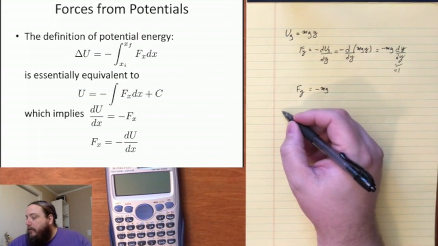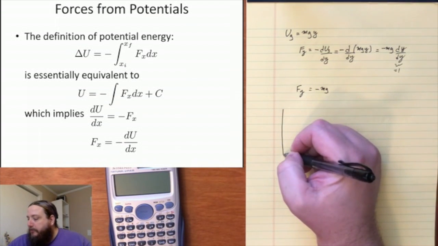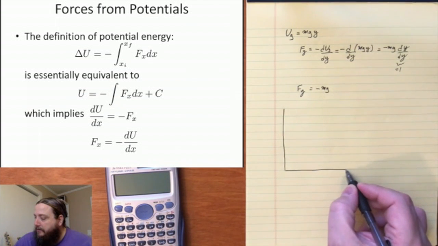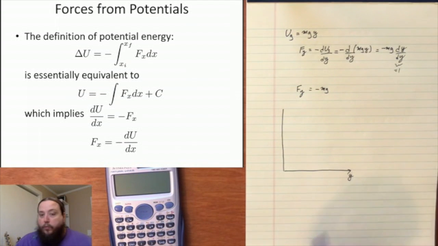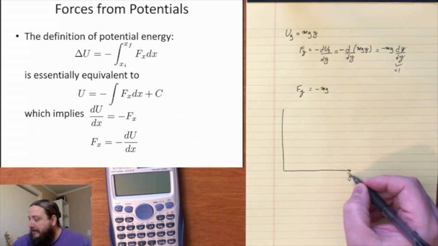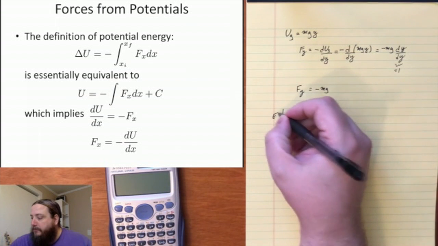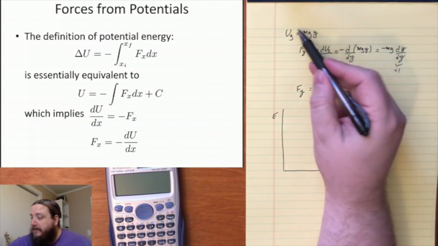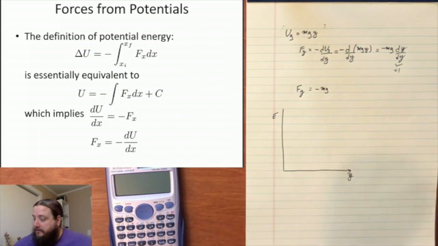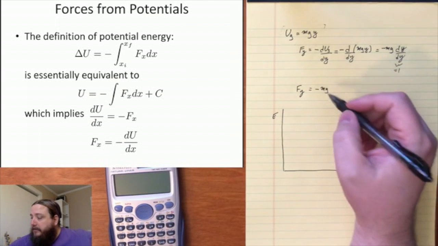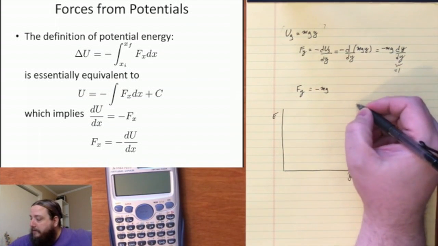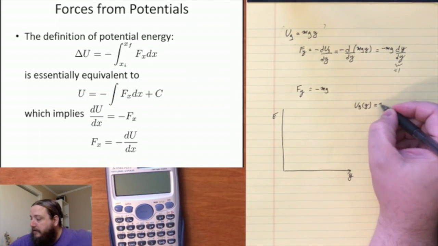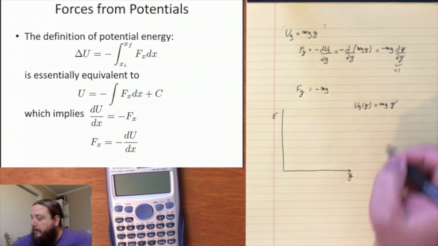Good, great. Well, let's take a look at this idea a little bit further and make a plot here with y as the independent variable, and on the vertical axis we're going to put energy. And if we take the gravitational potential energy and plot it as a function of y, well, it is mg times y.